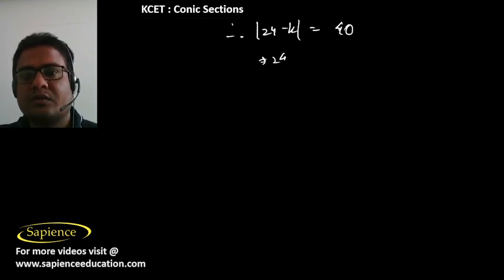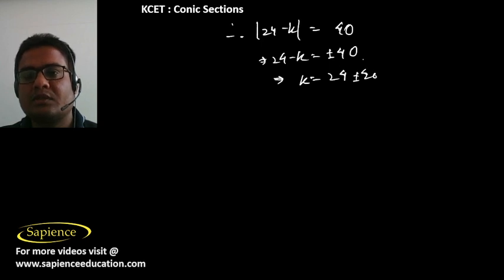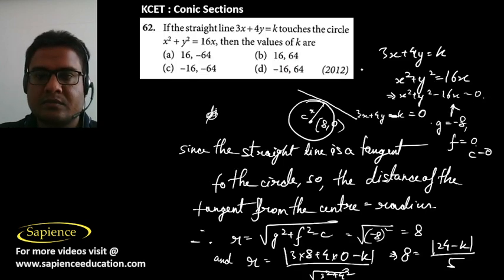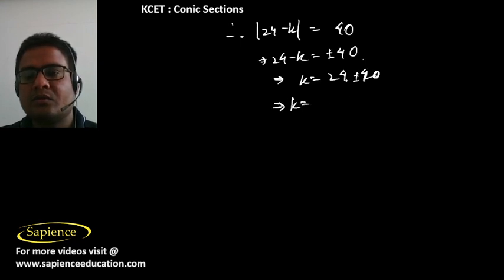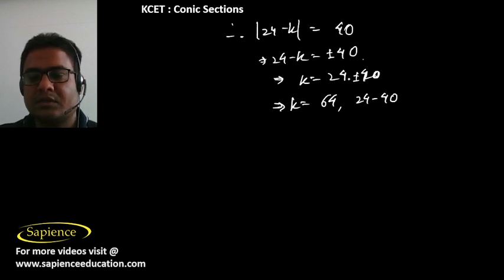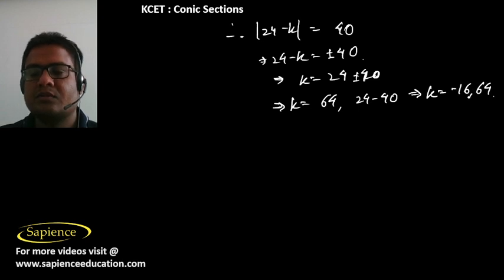So therefore 24 minus k is equal to plus or minus 40. Therefore k will be equal to 24 plus or minus 40, which is 64 and minus 16. So therefore k will be equal to minus 16 comma 64.